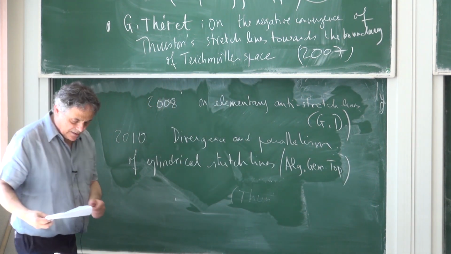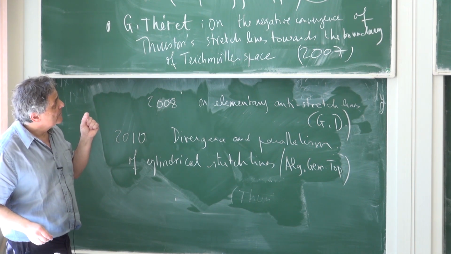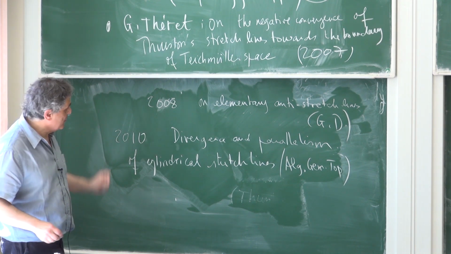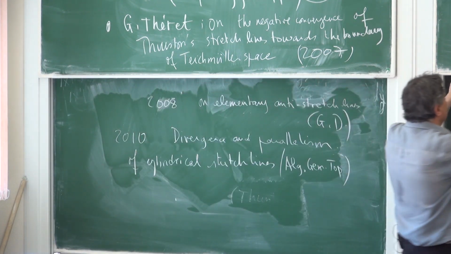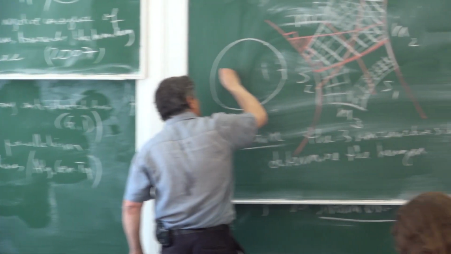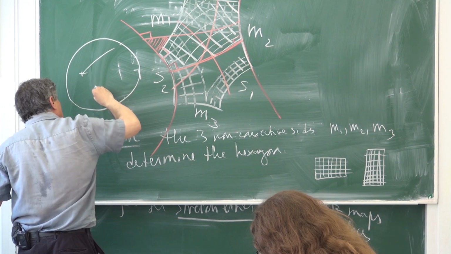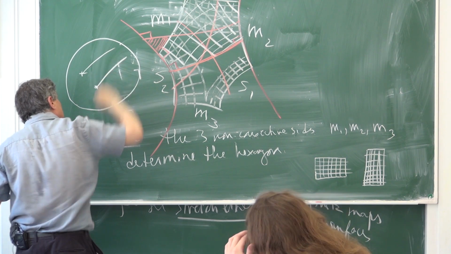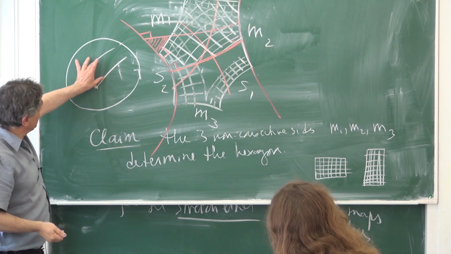So here he studies another question. In fact, not only the convergence towards the boundary, but the question is, you see, if you take a point in Teichmüller space and you consider a stretched line, and another point, and you consider another stretched line, can they stay at a bounded distance?